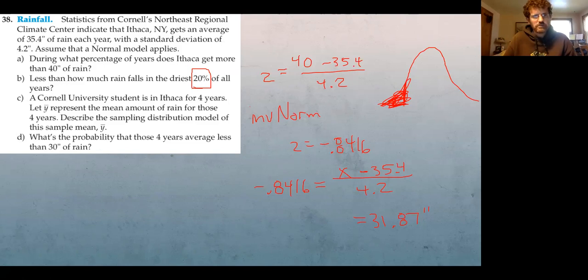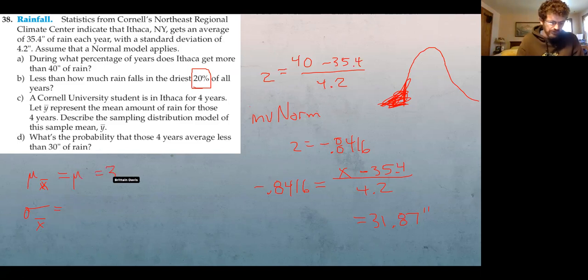Okay, so we're dealing with means. So when we're describing this one, we'll do this more, but this is basically going to be a normal model. And we want to figure out what the mean for X bar and standard deviation for X bar is going to be. So the mean is just equal to the population mean.